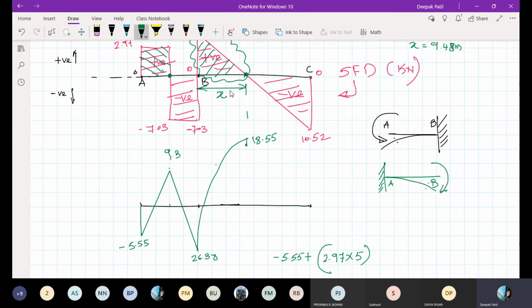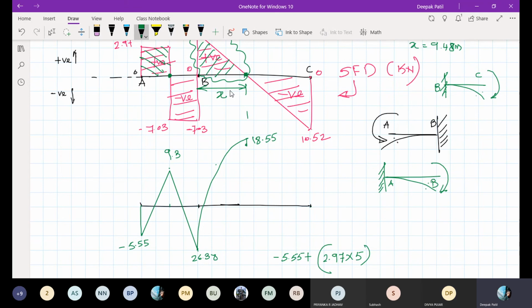Now you know the value of MCB. What is the value of MCB? 36.80. Okay, so once again, I will fix point B and this is C. MCB is clockwise, I assume, correct? So I'll put a clockwise moment. If I put a clockwise moment, the beam will bend like this. So where is the compression, bottom or top?